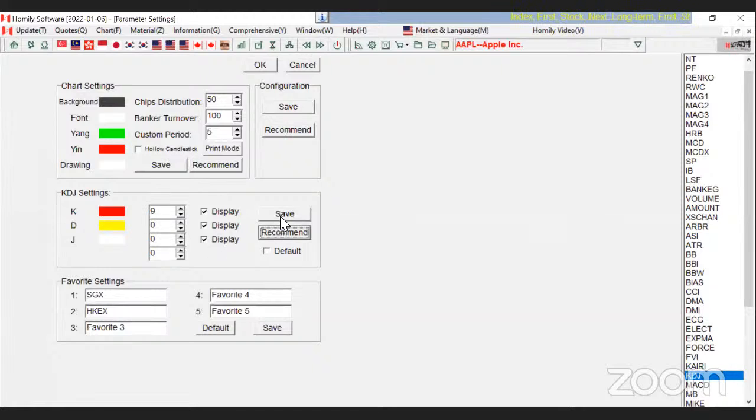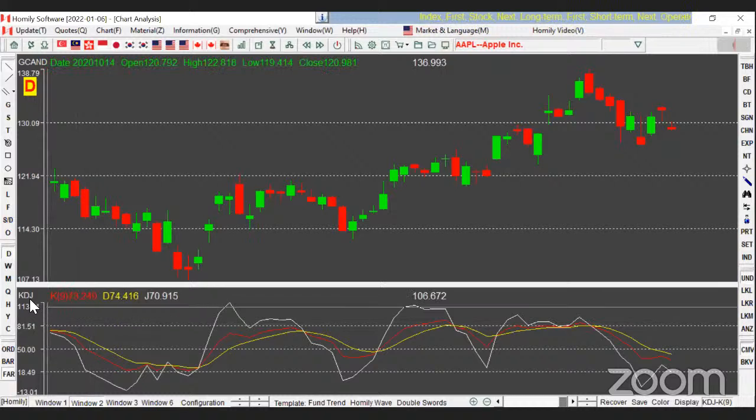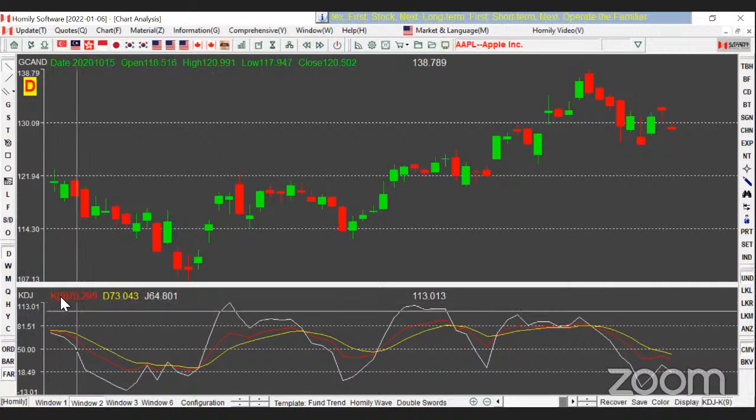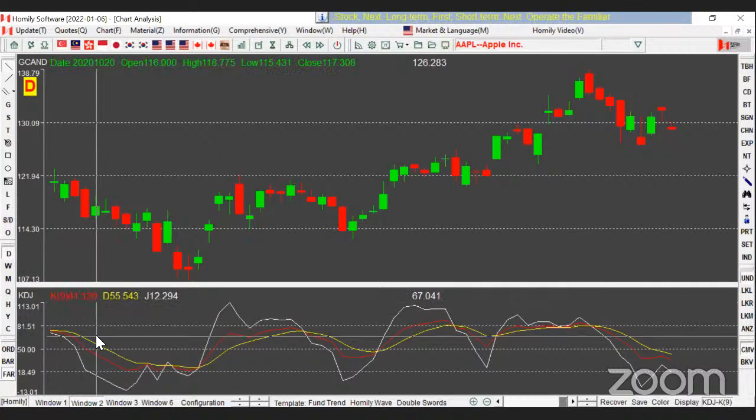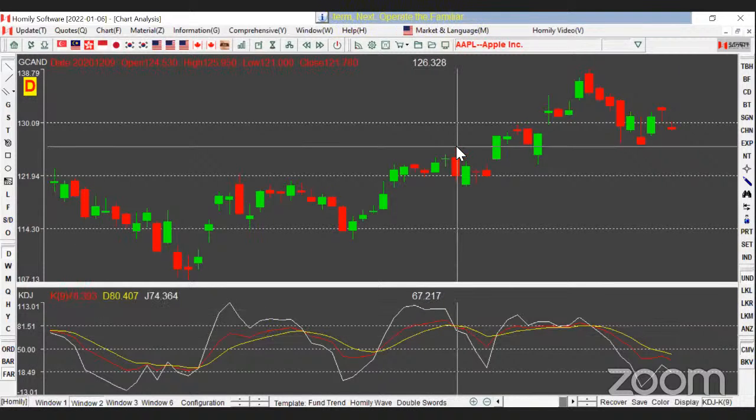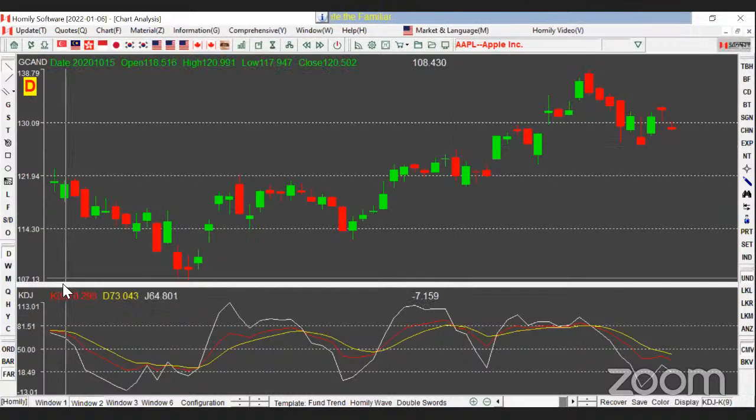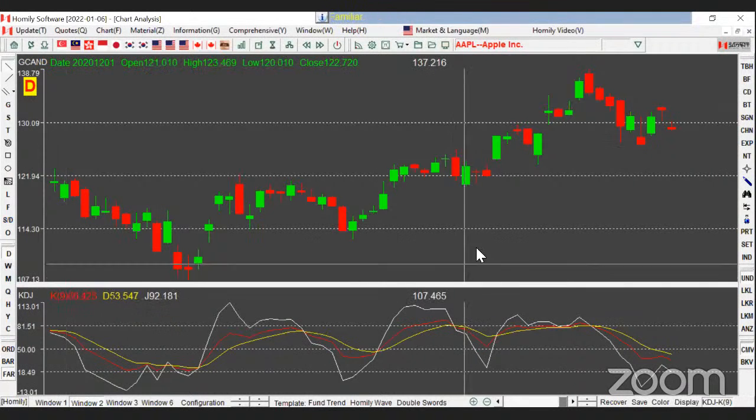If I click save, then OK, now if you check KDJ again, the value for K in the bracket has changed to 9 days. But if you feel 9 days is too fast, too sensitive, and gives you a lot of false signals, then maybe you can consider changing the value for K to a bigger one.